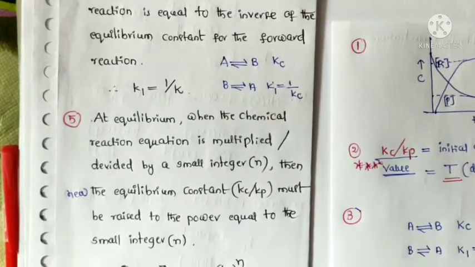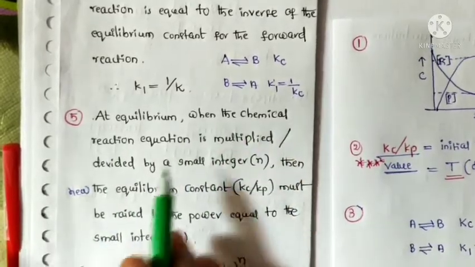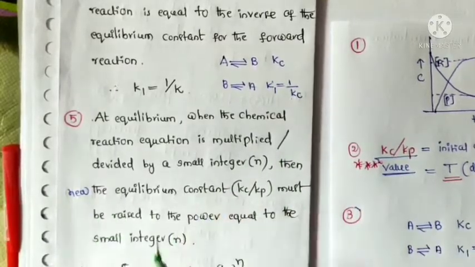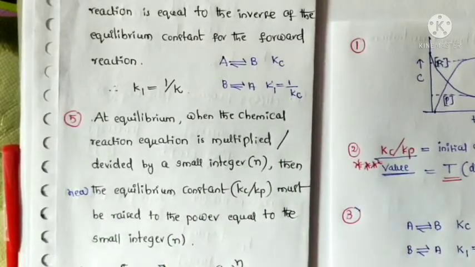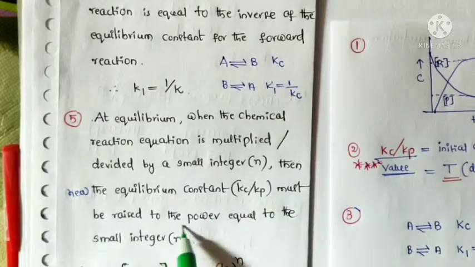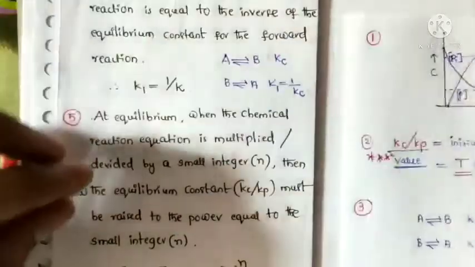Once again, at equilibrium, when the chemical reaction equation is multiplied or divided by a small integer, then the new equilibrium constant must be raised to the power equal to the small integer. So now let me explain.